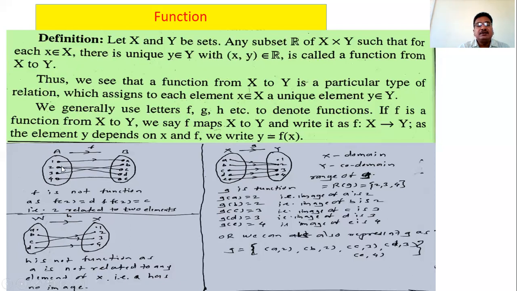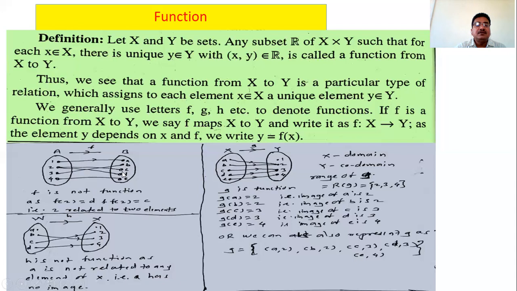This situation is not allowed in a function, that one element is related to 2 elements. But this situation is allowed, that 2 elements are related to the same element. This A and B are both related to 2. This C and D are both related to the same element. But this is allowed in a function.